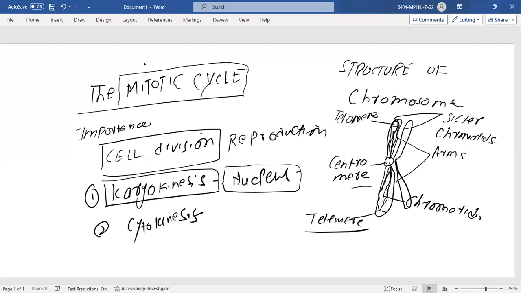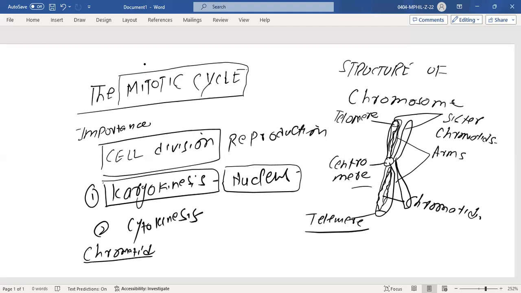Another thing that you should know, as I have told you, is what a chromatid is. The basic concept that should be clear in your mind is that it is a condensed form of DNA.